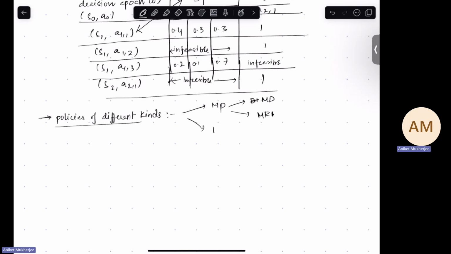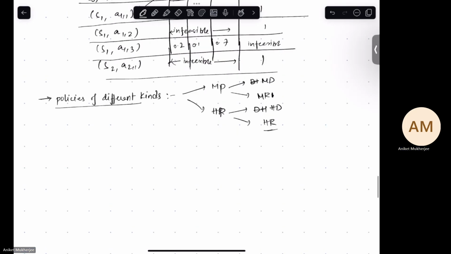We have seen history dependent policies, deterministic history dependent policies, randomized history dependent policies, and so on.